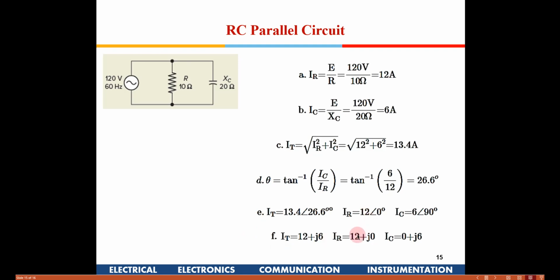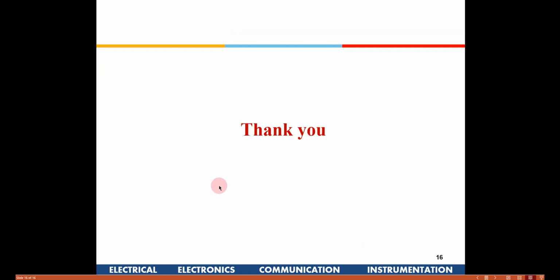If you see here, the capacitive current is 90 degrees out of phase with the applied voltage, so it is all imaginary, and since it's leading, it is plus j out here. Whereas the resistive current is in phase, so the j component is 0 out here. So this is one example of a parallel RC circuit.